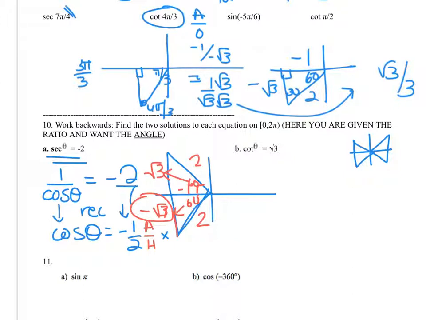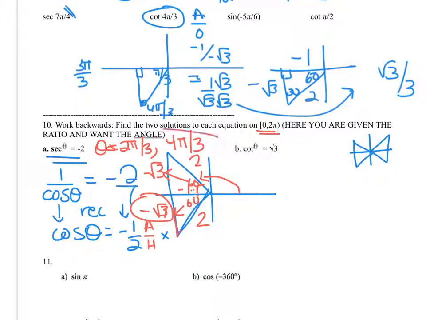Since it's given in radians, I need to know the radian answer. The radian answer for this angle, which would really be 120, is 2 pi over 3. And the radian answer for this angle, which is 180 plus 60, 240, is 4 pi over 3.